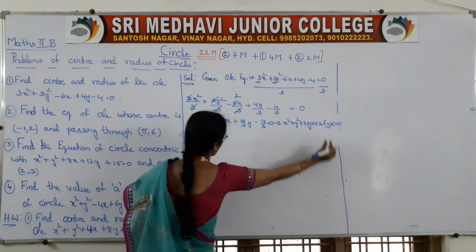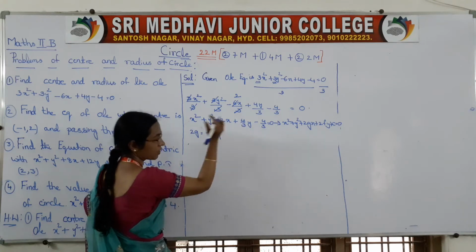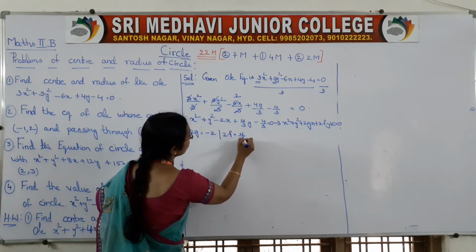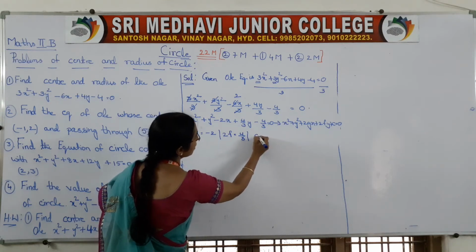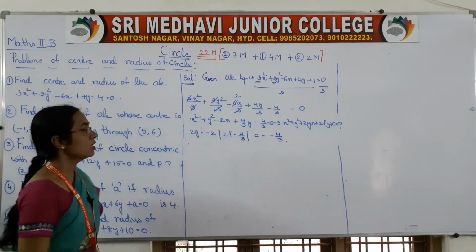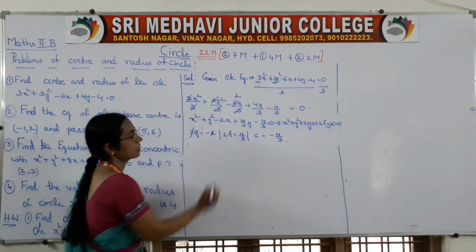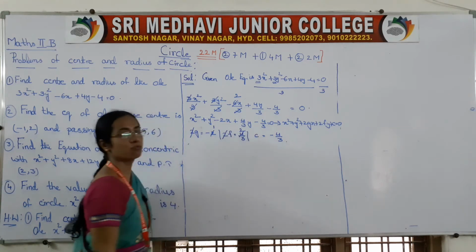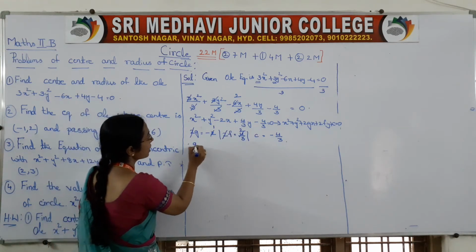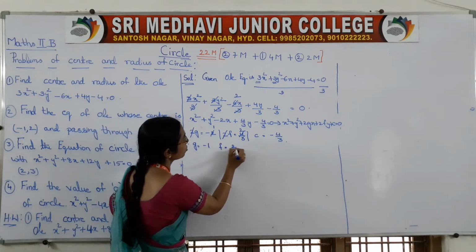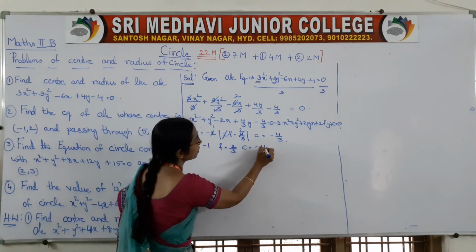The y term is 2f, and here the y coefficient is 4 by 3, so 2f is equal to 4 by 3, and constant term c is equal to minus 4 by 3. So, your g is equal to minus 1 and f is equal to 2 by 3, c is equal to minus 4 by 3.